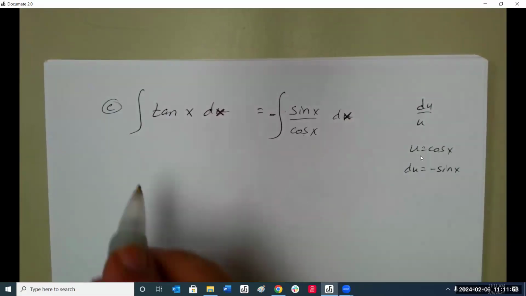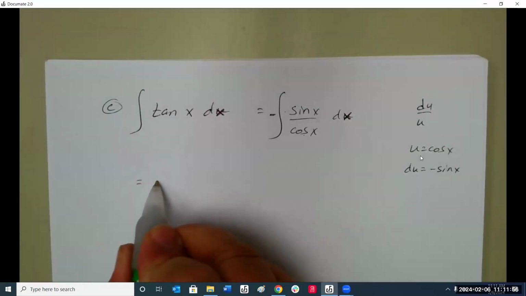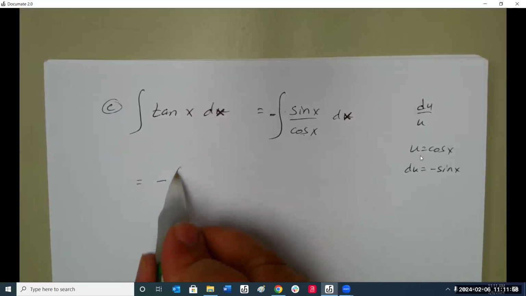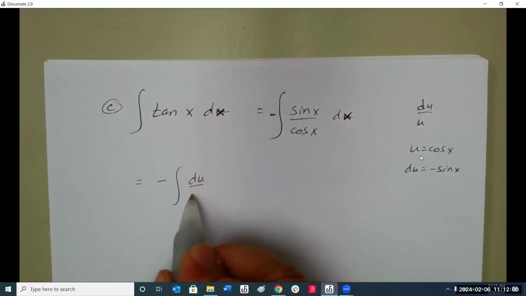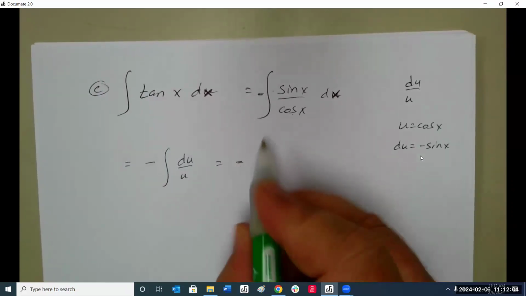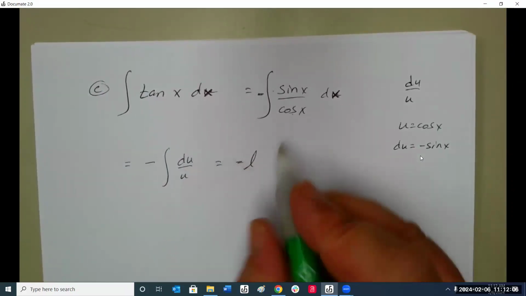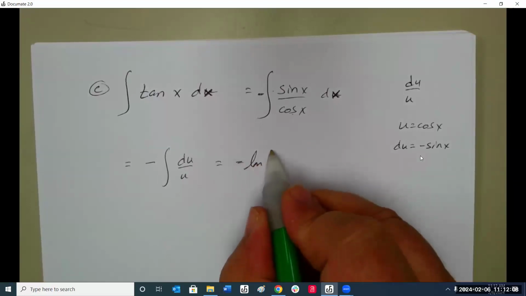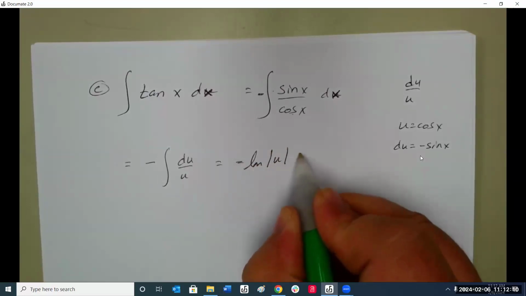So we have the negative du over u, which means we have the integral of du over u is the ln, absolute value of u.